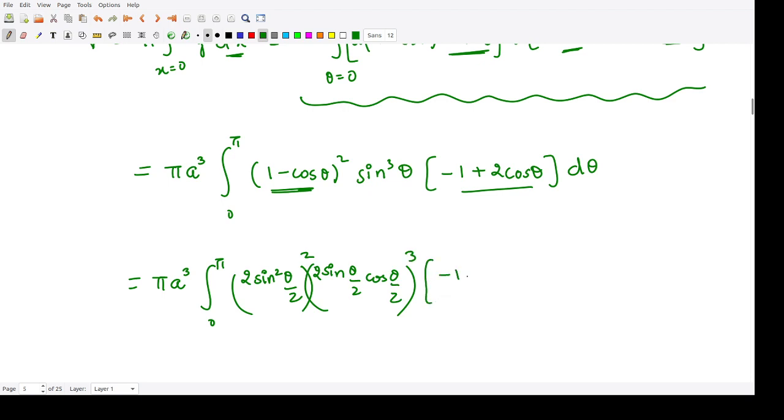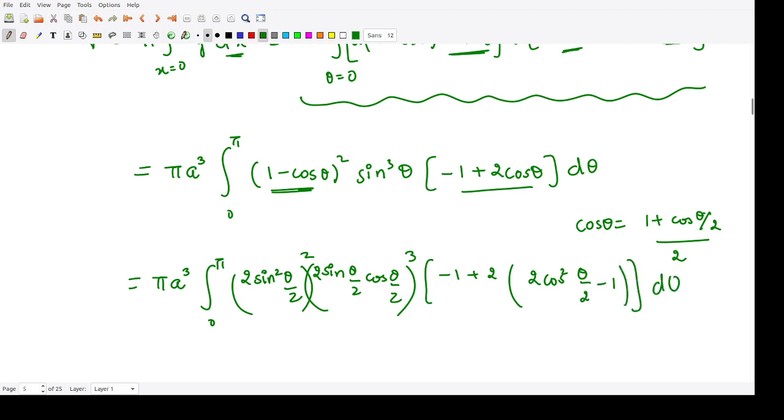It would be minus 1 plus 2 times the half-angle value of cos theta, that is 1 plus cos theta divided by 2, so we have 2 cos square theta by 2 minus 1, d theta.